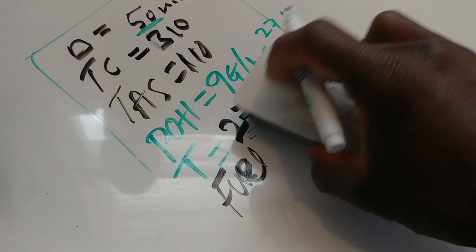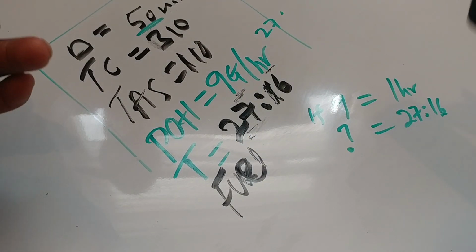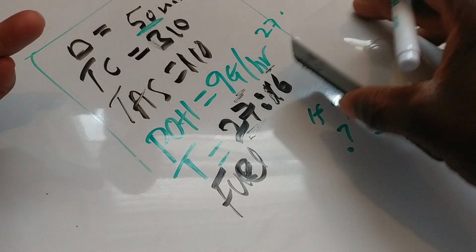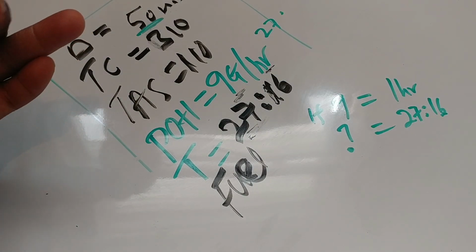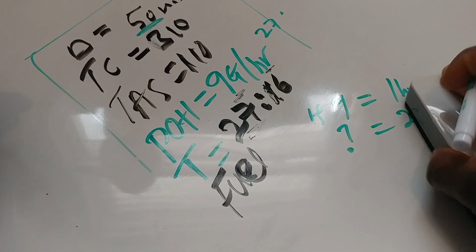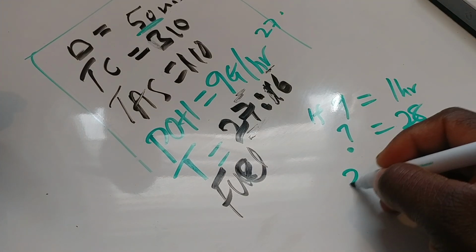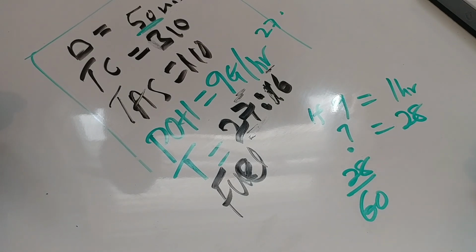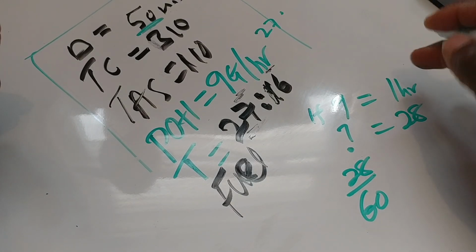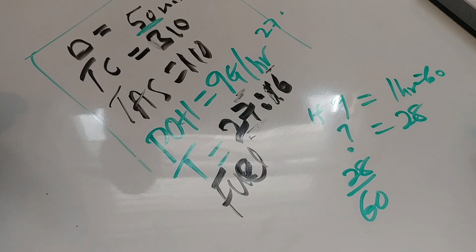If you are doing a rare trip, you will round this up to 28 because you want to get enough fuel in your airplane, you know. So let us make this 28. So it's going to be 28 divided by 60 minutes, 1 hour is equal to 60 minutes, times the 9 gallons.